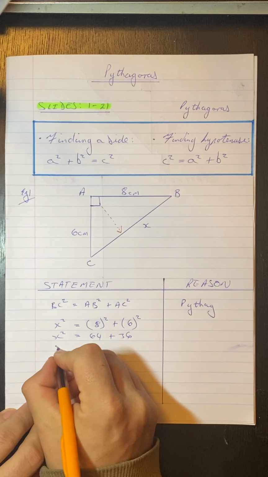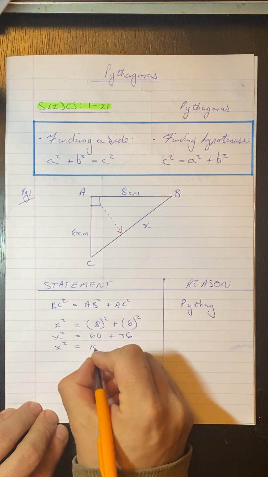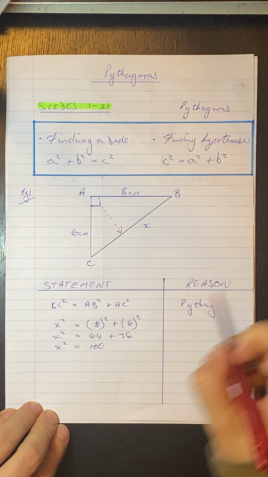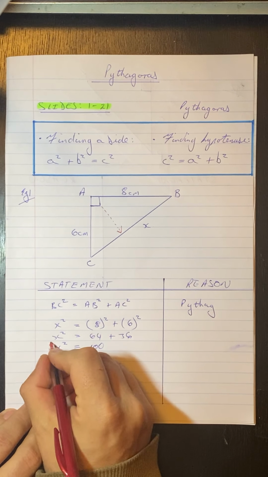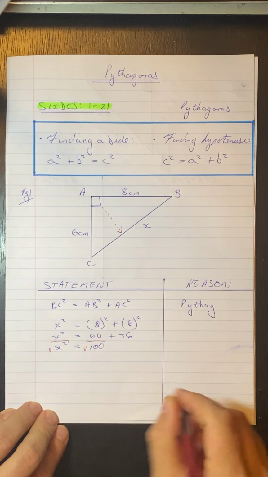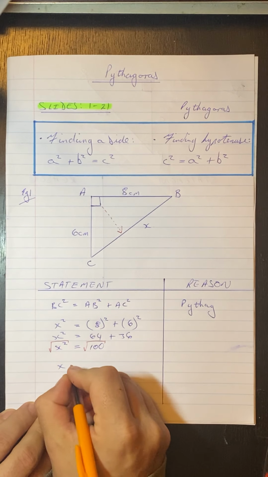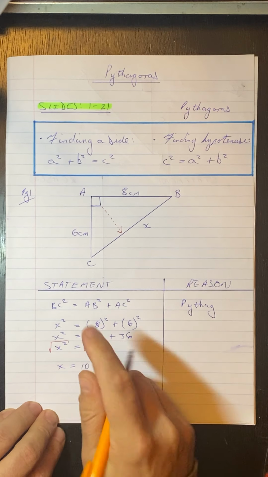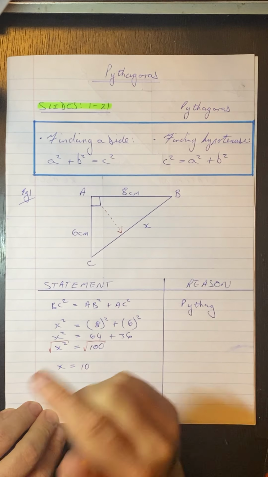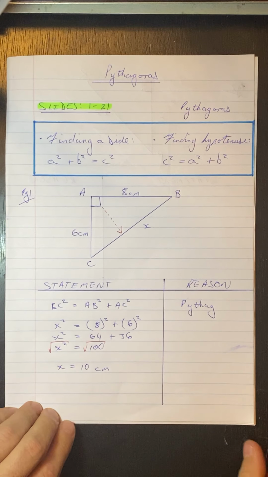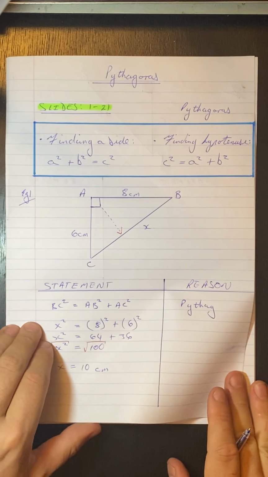Add them together and we get x squared is equal to 100. Now remember, to get the x on its own, you need to take the square root. So x here is equal to 10. And I just want to put the units in because they gave us units, so that's centimeters. All right, so not too bad.